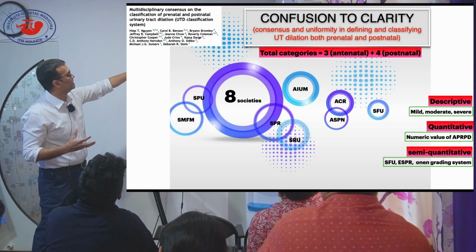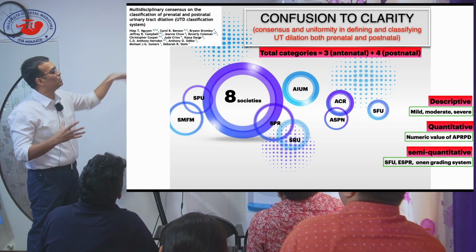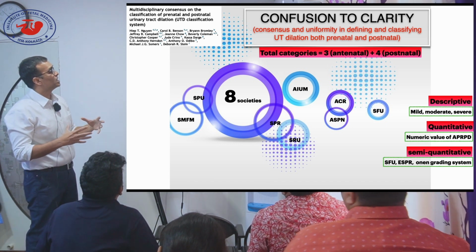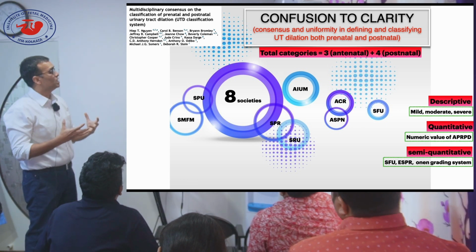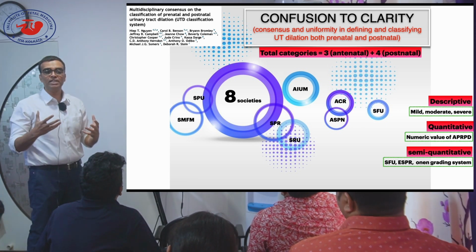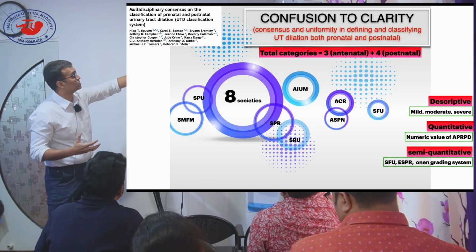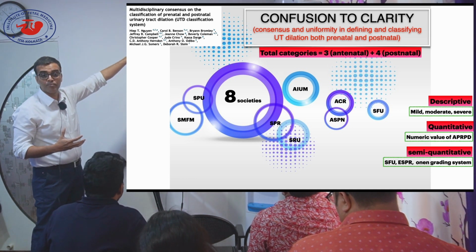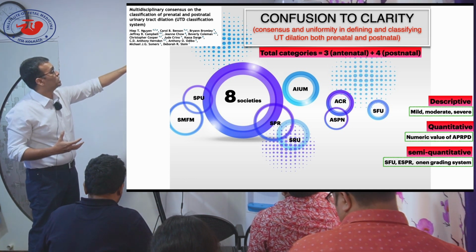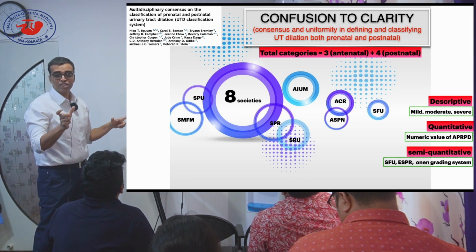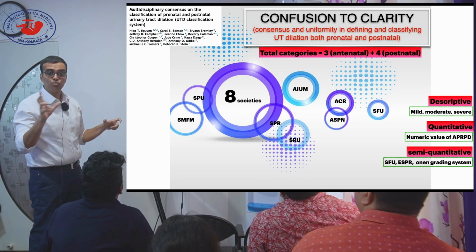And these are the 8 different societies which came together, and in a very collaborative manner they formed a system to have more uniformity when we talk about urinary tract dilatation. So these are the 8 societies which were involved in this paper, right? Now there are total categories. If you see, there are 3 antenatal categories and there are 4 postnatal categories.